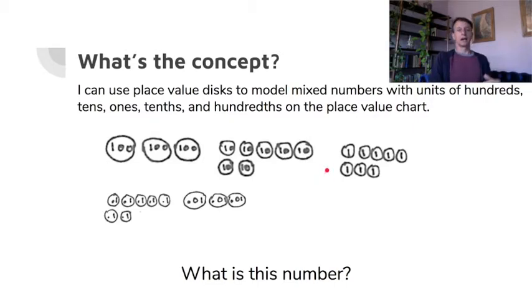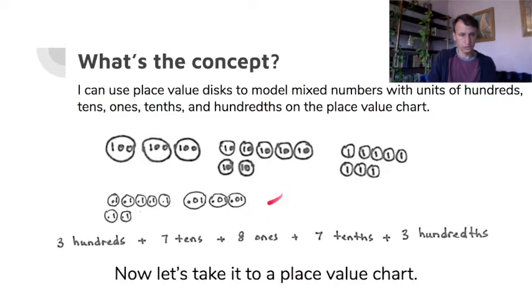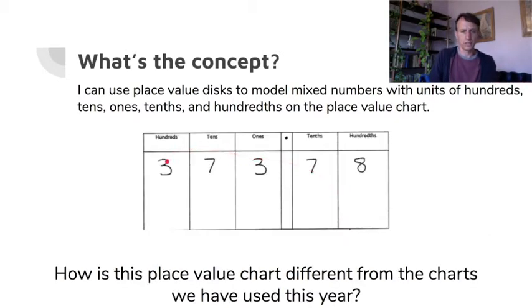Okay, all right, so let's do it in unit form as well. I have 3 hundreds, 7 tens, 8 ones, 7 tenths, 3 hundredths. So now writing it in standard form, let's just do the place value chart first because that basically gives you standard form. 373 and 78, where are we? Hundredths. And how is this place value chart different from Module 1?